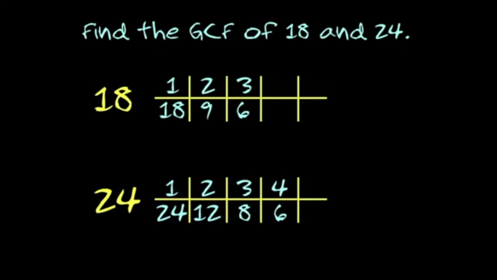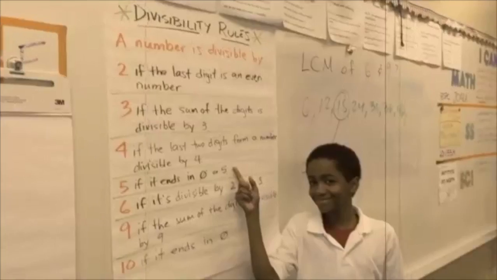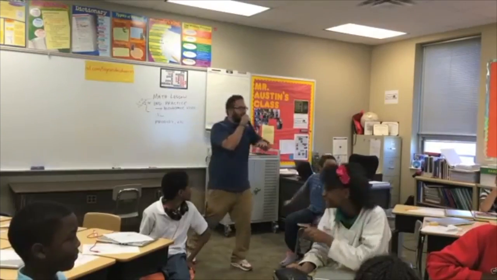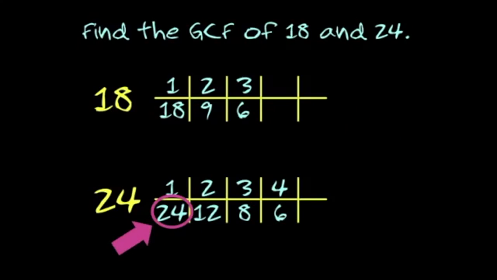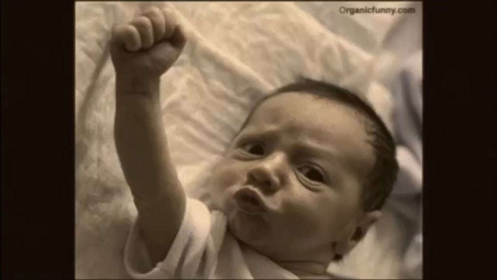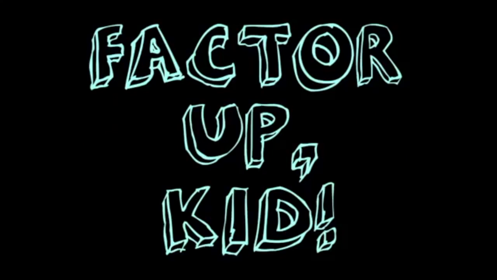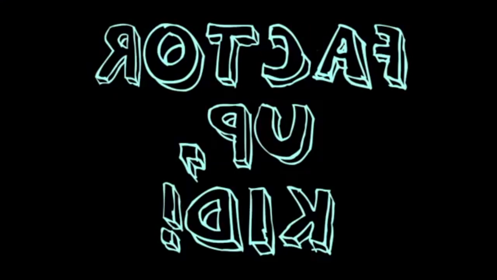Keep on going till you get every single pair, just to make sure that you don't skip any. Don't forget the rules of divisibility. Once you get the factors written down, it's not over. You gotta look them over, starting with the greatest number. Work your way down until you find the one on both lists. Then you can celebrate by pumping up your fist, cause you just got it like a super math apprentice. You just found the factor, the greatest. Factor up, kid. I'm about to factor up.